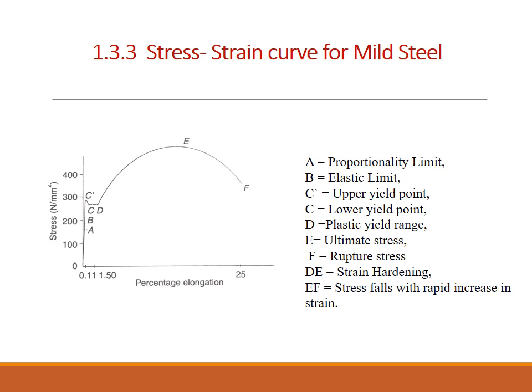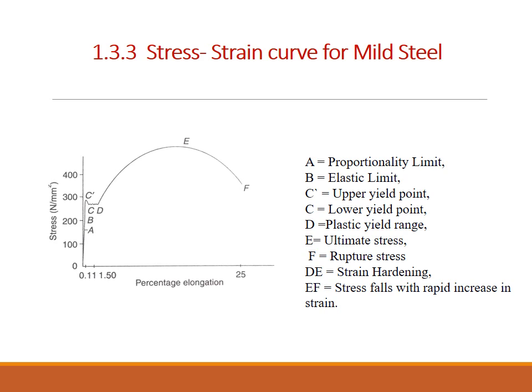D represents the strain hardening. It is a range where additional stress produces additional strain. Strain increases fast with stress till ultimate load is reached. As of today, this portion of the diagram is not being used for the structural design.